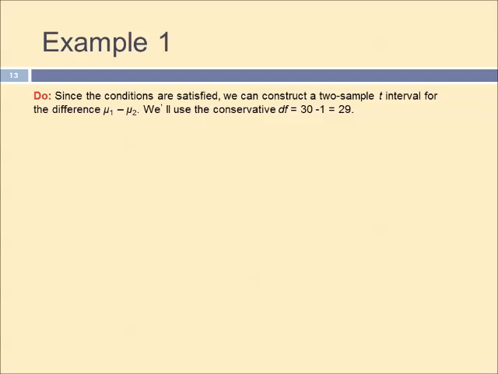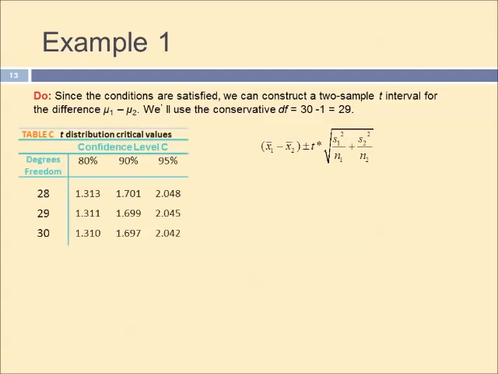And we'll use the conservative degrees of freedom, the smallest sample size, in this case they're both 30, and subtract 1. So degrees of freedom, 29. And here's the formula for the confidence interval. So we need to locate the row with 29 degrees of freedom and the confidence level of 90.